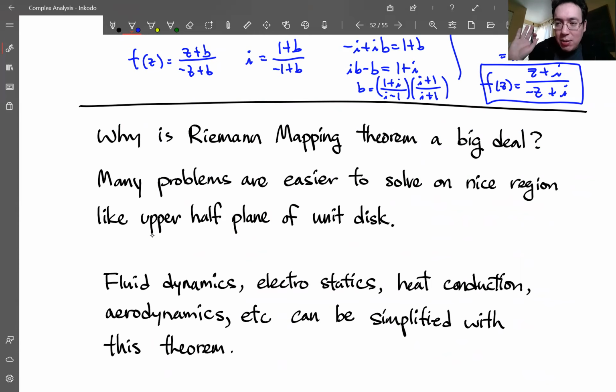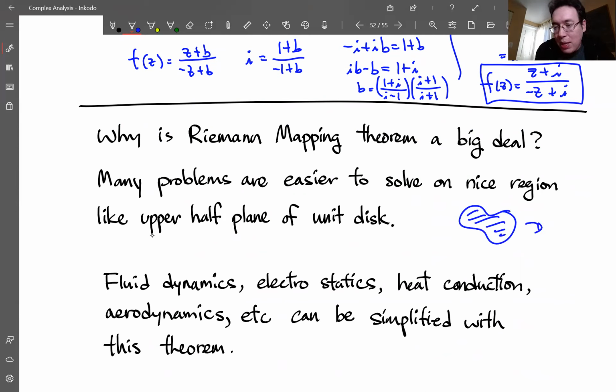But putting that aside, in science and engineering it's extremely important, because when you have a situation that you want to understand, say in fluid dynamics, or you want to compute how heat flows within an object, maybe that object is a very difficult shape.